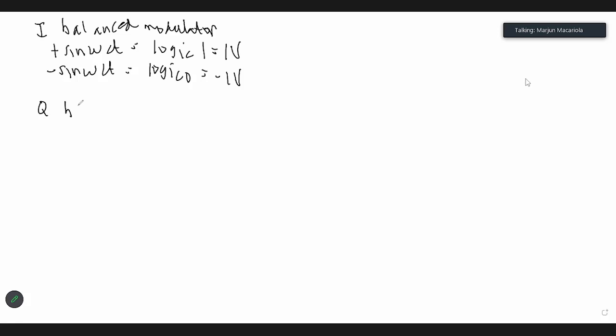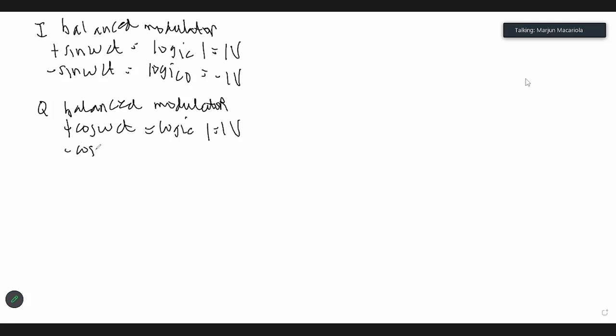For the Q balance modulator, okay, so we have two possible outputs again. So that is positive cosine omega ct, which is logic 1, which is 1 volt, and negative cosine omega ct, which is equal to logic 0, which is equal to negative 1 volt.